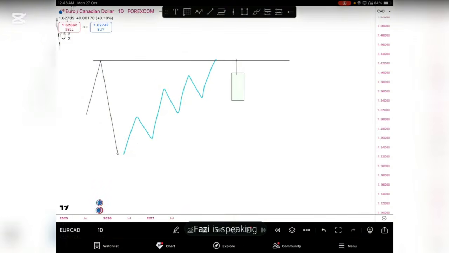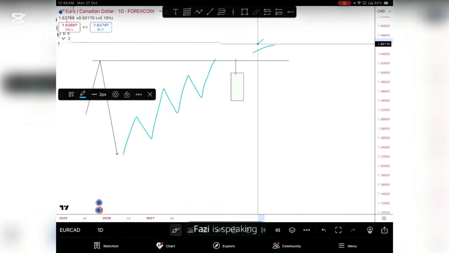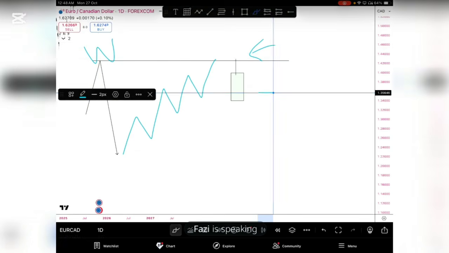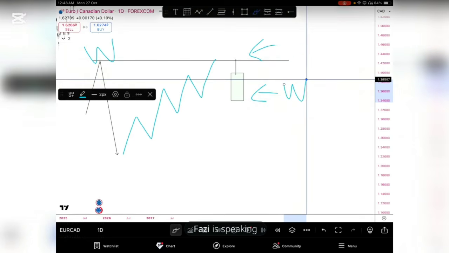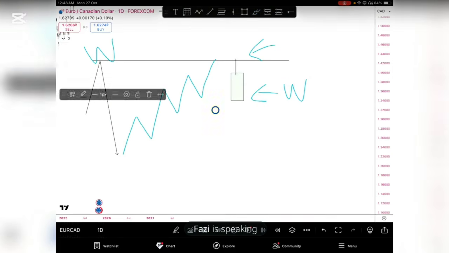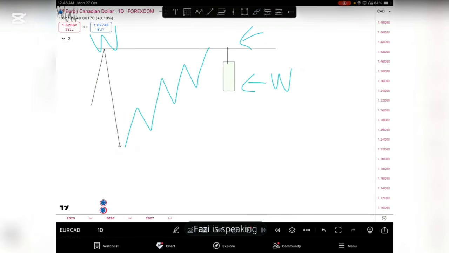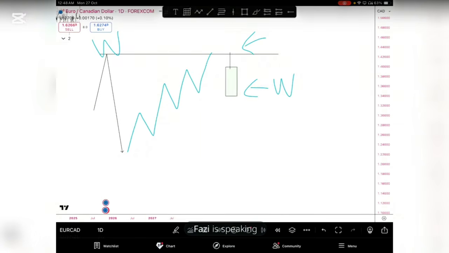If this is the weekly key level and this is the weekly candle, you need to wait for the weekly candle to reject from it and close below that key level. That is the first thing, the price showing interest in our key level.